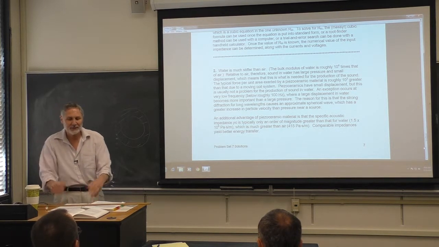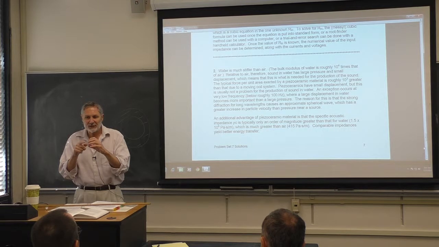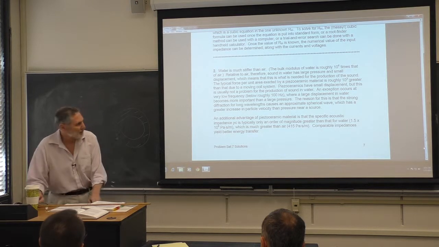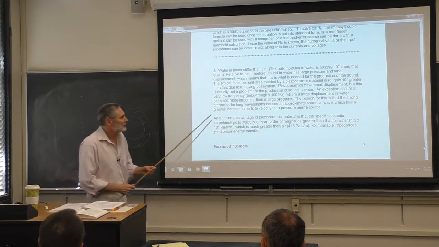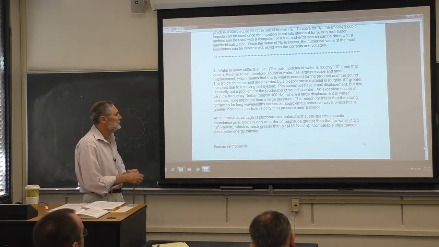In particular, as you go near the source, the pressure rises and the particle velocity rises. But the particle velocity rises more quickly. Remember that? So I think that's what's happening here. This idea is breaking down at low frequency.